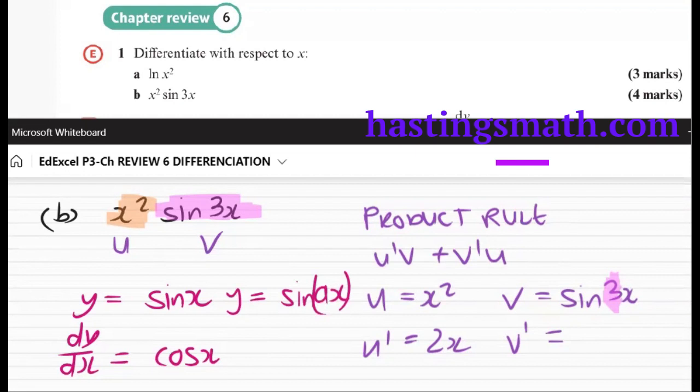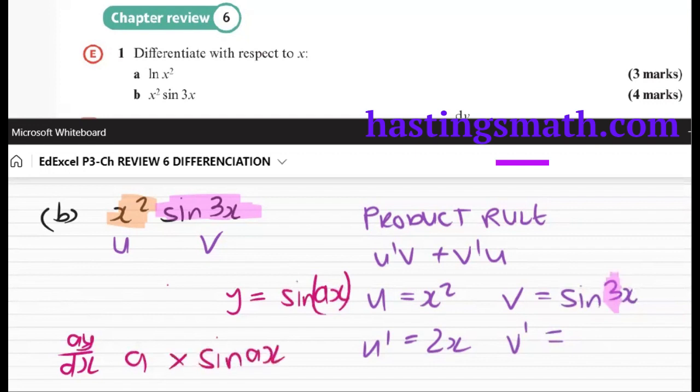So if y equals sine ax, then our dy dx will be that a times by sine ax. So everything stays the same, but we have to times it by the first derivative of the baby function, the function inside the function.